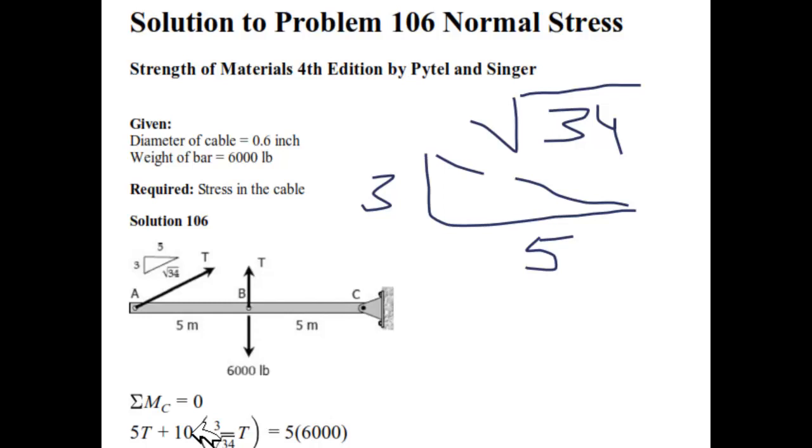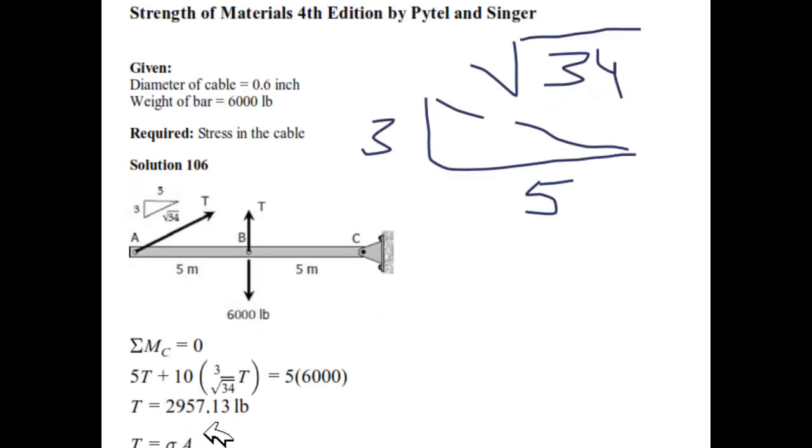These both sides should be equal, and when you solve it, you will get this answer, that is T equals 2957.13 pounds.